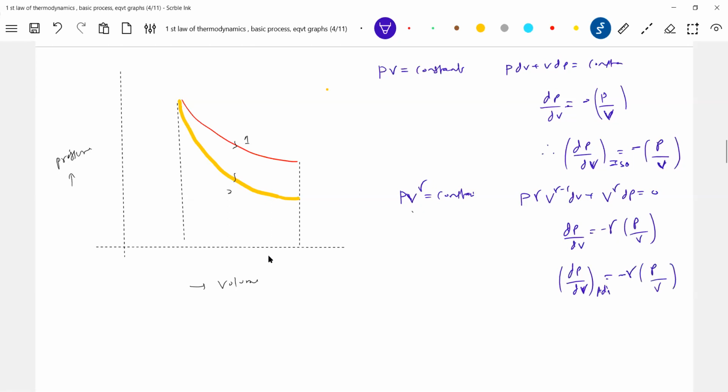Now what is gamma? Gamma will be greater than 1, no? Monatomic 5 by 3, diatomic, all that. So if I want to compare which will be adiabatic and which will be isothermal, gamma times more, the slope is more negative. So therefore, this will become adiabatic, and this will be isothermal. So how can you say the slope of the adiabatic curve is more? Let me divide these two equations.